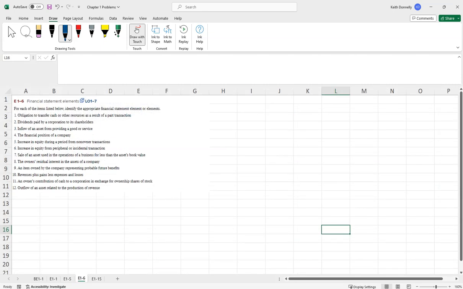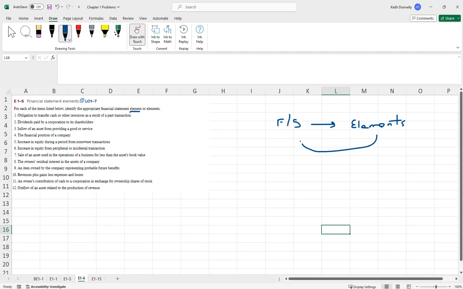Let's look at exercise 1.6. They're telling us here for each of the items listed below, identify the element. Remember we said that you have the financial statements which are comprised of the elements. It's kind of like how the periodic table, all those elements make up the things in the world.